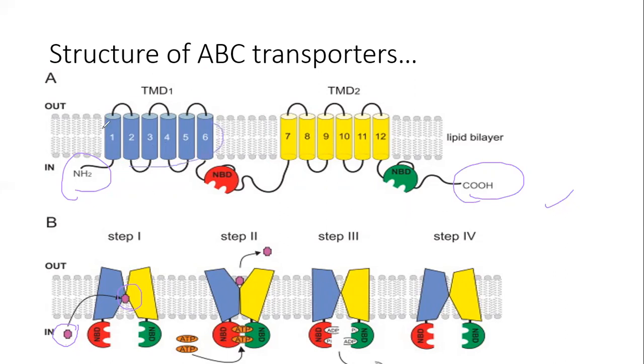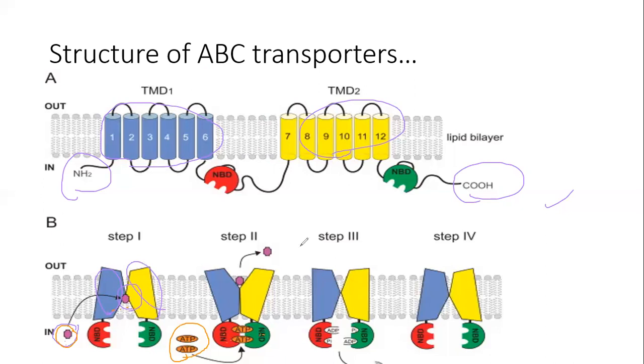Now, just imagine this entire thing over here and this entire thing over here. Okay? Now, look over here. So now you have a molecule, this molecule goes and binds to its binding pocket. Now, what is happening? This is going to open only when 2 molecules of ATP come and bind to the nucleotide binding domain. Now, what happens when it binds? Can you see? Both the domains are coming together.